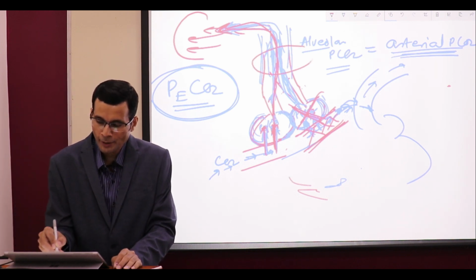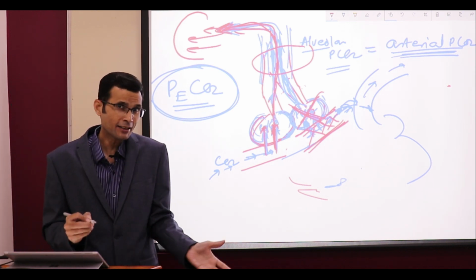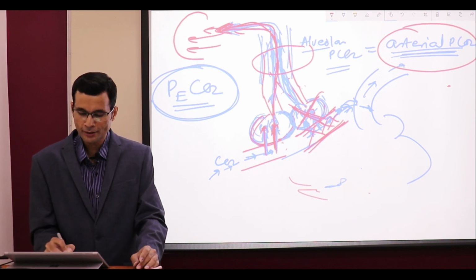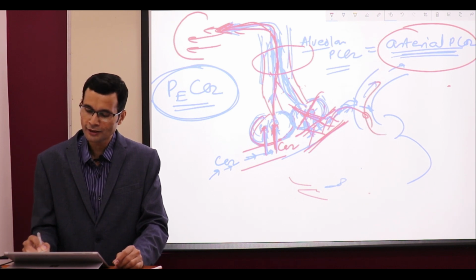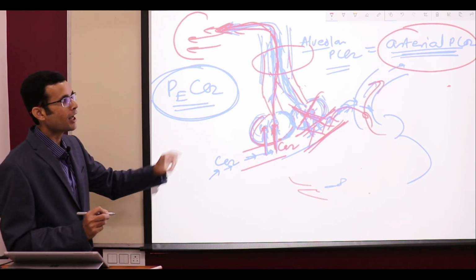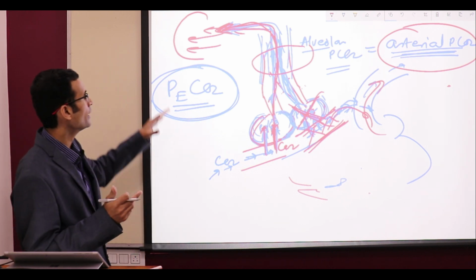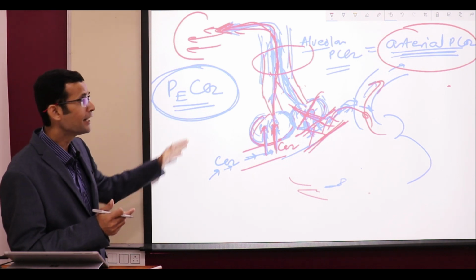the carbon dioxide that is coming out, the expired CO2, will be less and arterial CO2 will be more, because that carbon dioxide could not come into the alveolus and it went into the arterial side, and therefore arterial PaCO2, the arterial concentration of carbon dioxide, will be slightly more and expired PCO2, or carbon dioxide concentration, will be less.